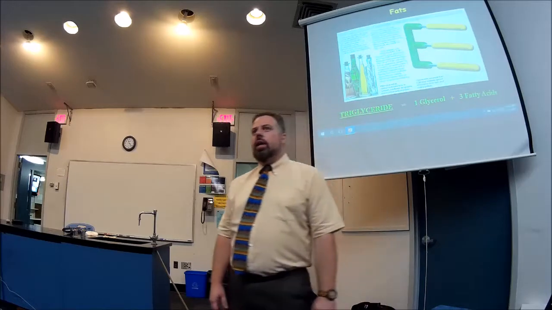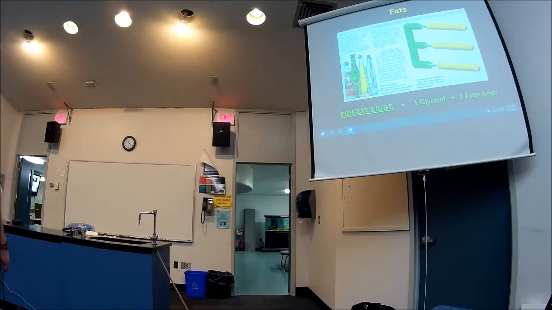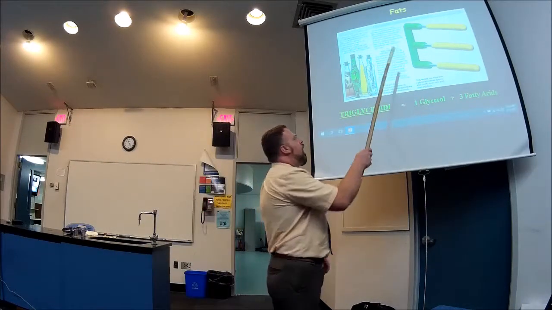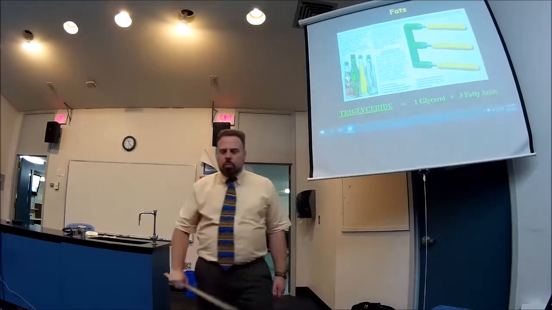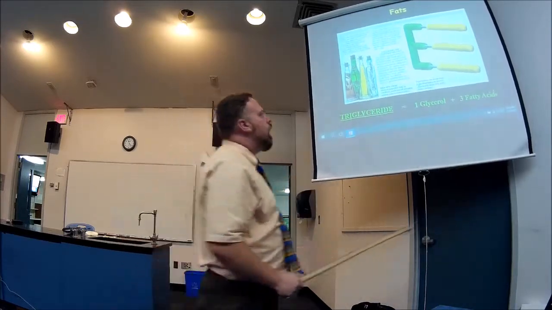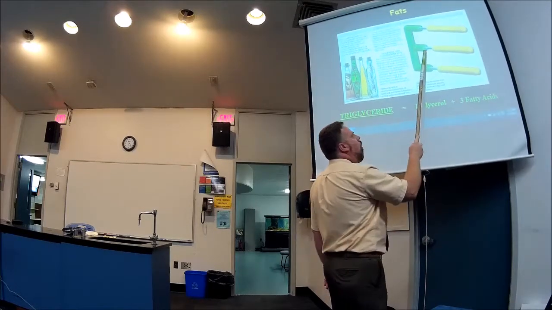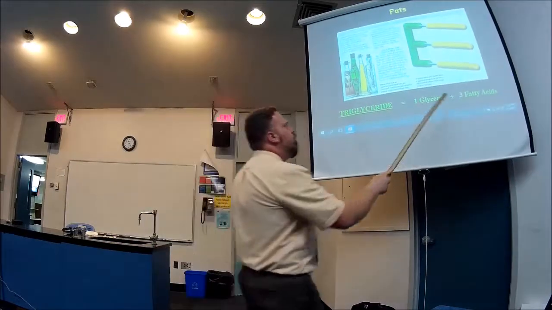So this is fat. This is what you're eating when you eat a Snickers bar. A good example of fat is something called a triglyceride. A triglyceride is made up of this green area here called the glycerol and 3 fatty acids.